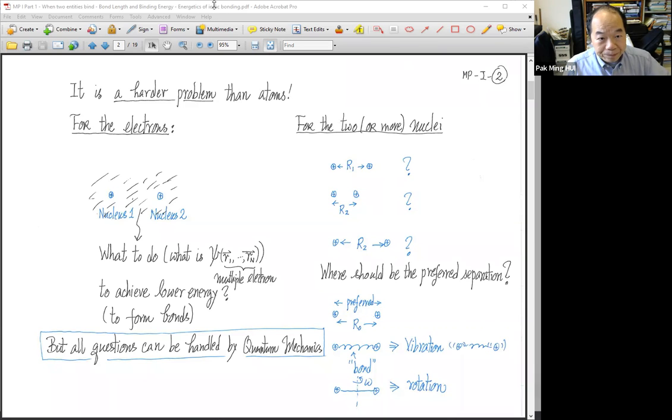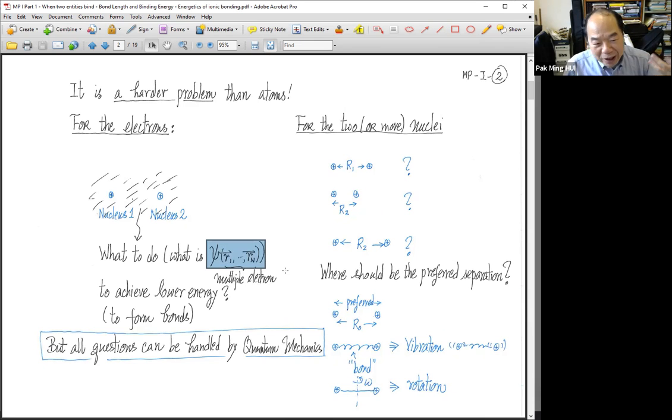Now, for the electrons, we will be handling an electronic problem in the following sense. We have the nucleus 1 and 2, and then this shaded region is meant to be the electrons. We don't know what the wave function is. We want to solve for the wave function.